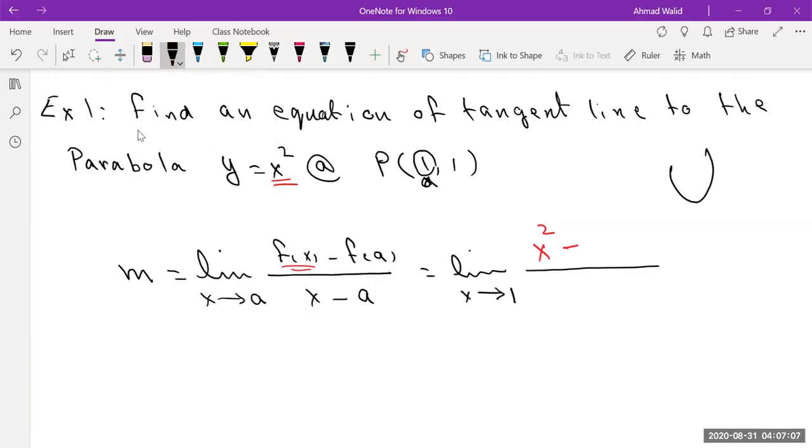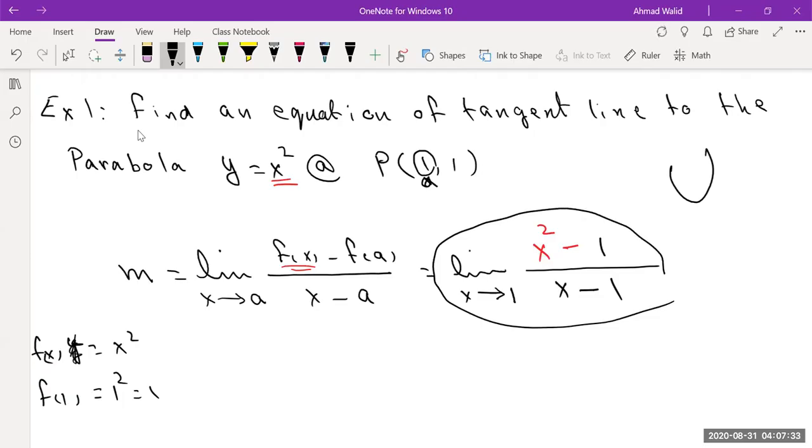You have y equals x squared, or even you can write f of x equals x squared. That's a good notation instead of y. If I ask you to find f of 1, can you find it? f of 1 equals 1 squared, which gives you 1. Then your f of a is 1, over x minus 1. An easy limit for you.